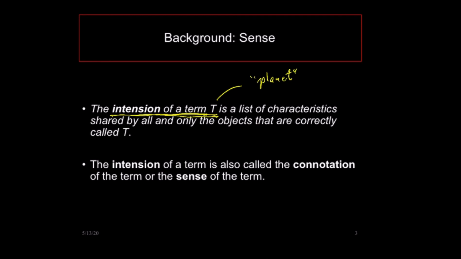You'll see in philosophical discussions of language that the intension of a term is also sometimes called the connotation of the term or the sense of the term. And these are going to have counterparts when we talk about the second way in which we specify meaning.